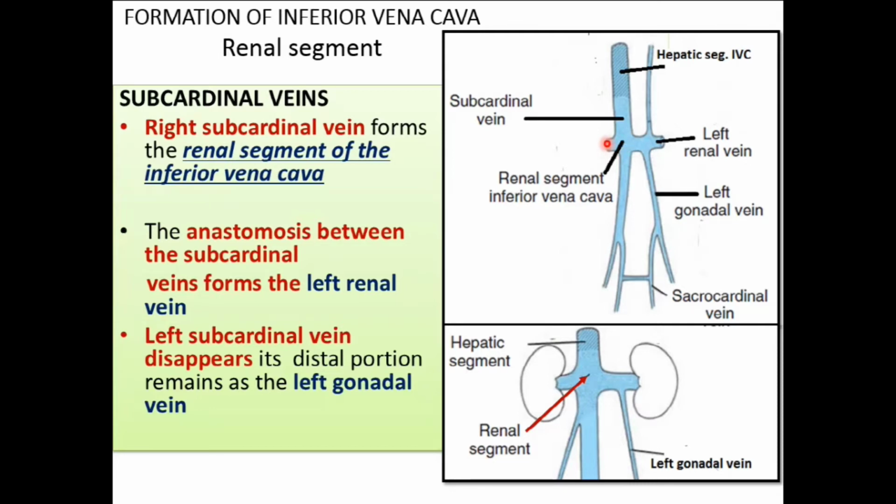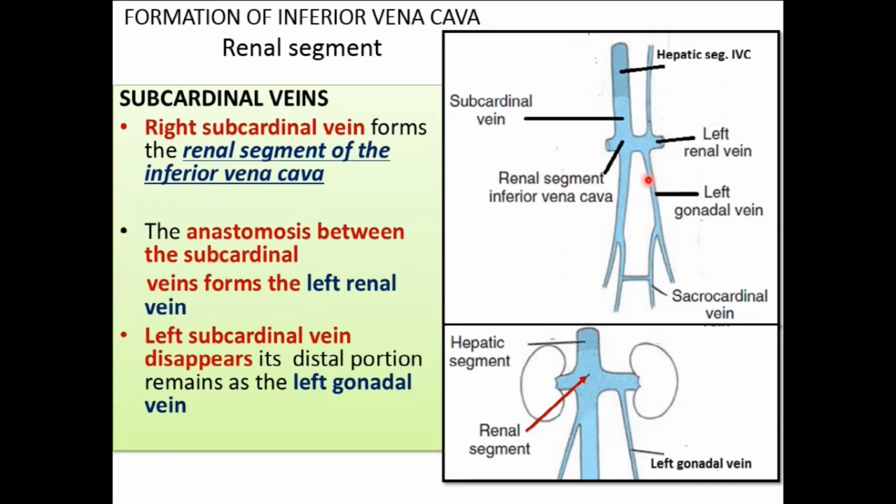So the subcardinal veins, again they are two, they are paired structures and they have one anastomosing channel as well. So when the right subcardinal vein forms the renal segment of the inferior vena cava, what will happen to the left subcardinal vein?